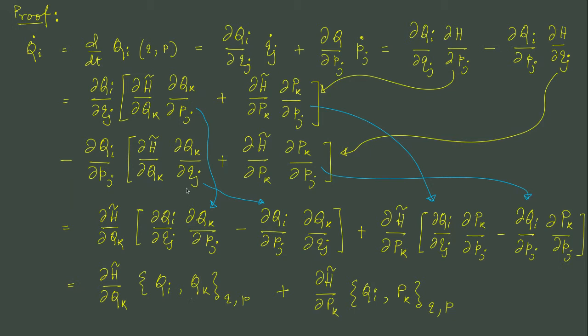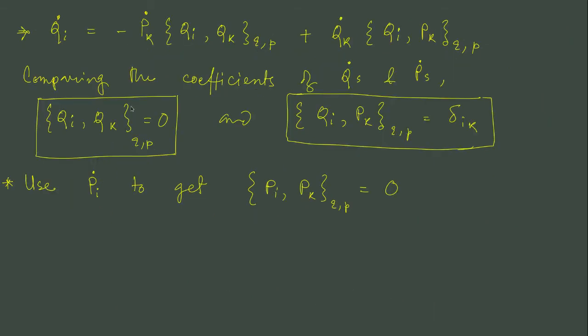That is what we did. And then we just rearrange the terms to get the final result, that we write this time derivative of Qi in terms of two Poisson brackets.